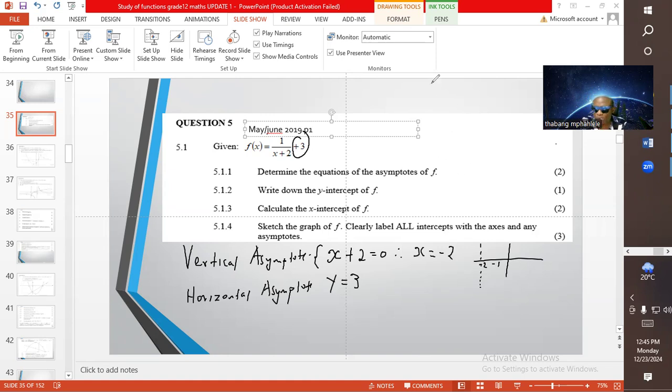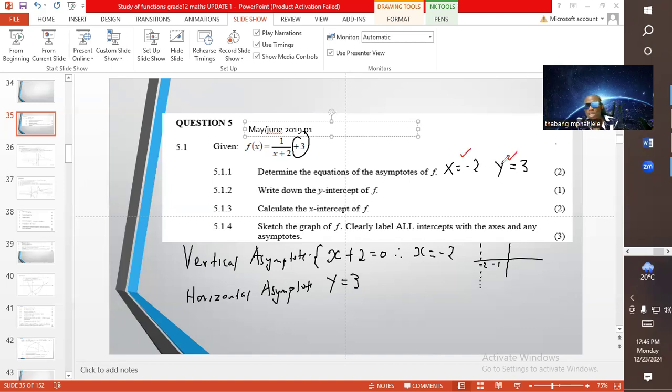In your exam, in your answer sheet, you write x equals -2, the asymptote of x, and y equals 3, the asymptote of y. We are going to bless you with 2 marks if you do this. 1, 2.